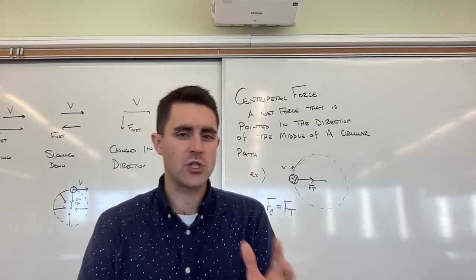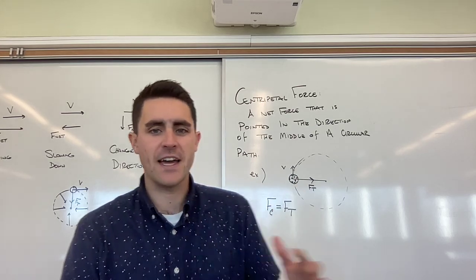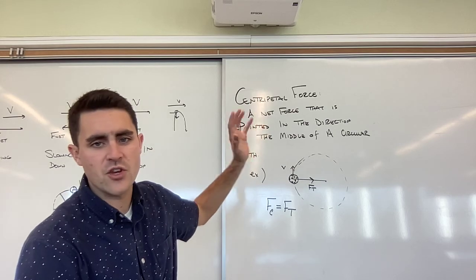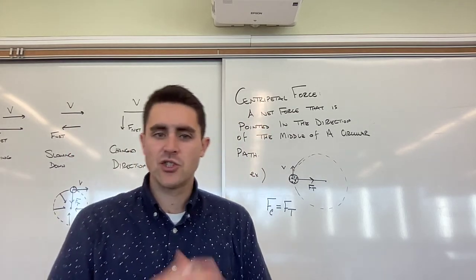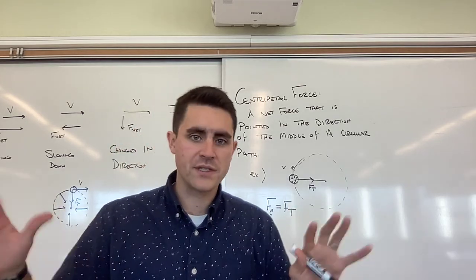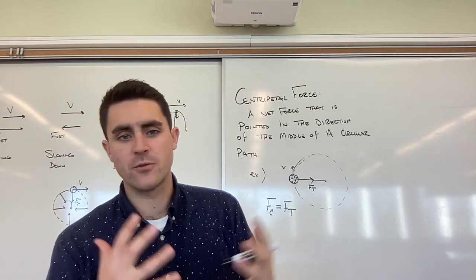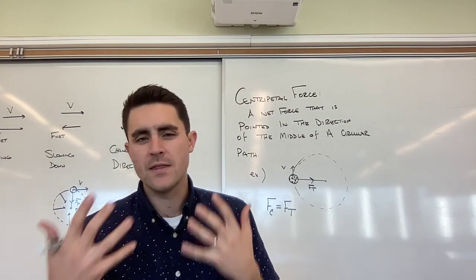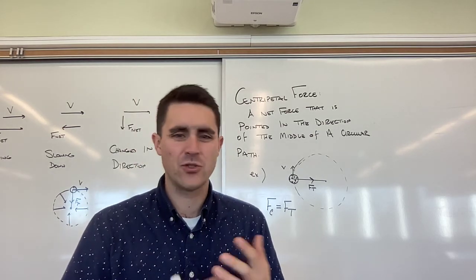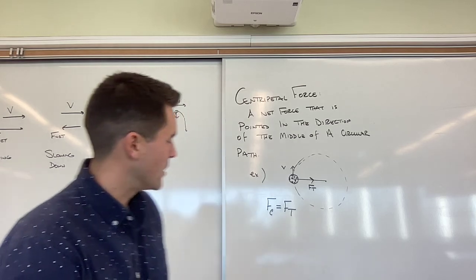So centripetal forces change. They're simply defined as a force that is pointed in the direction of the middle of a circular path. Kind of like X direction forces are horizontal forces, and Y direction forces are vertical forces. Centripetal forces are just forces that are pointed towards the middle of a circle. It's a new kind of direction that we're talking about here, okay?